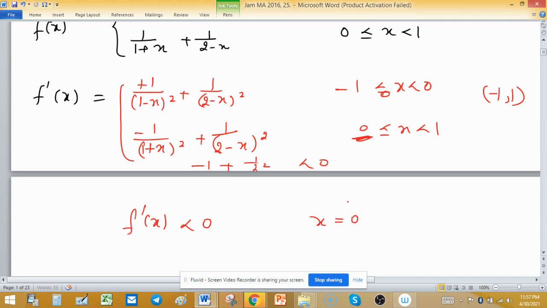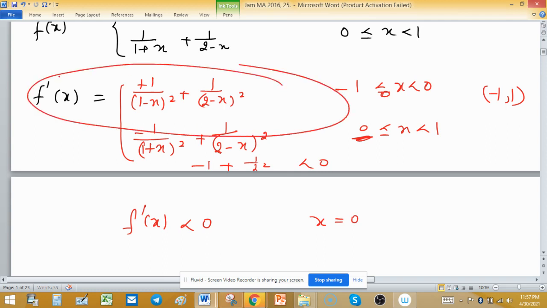But we surely have the conclusion for negative x: the function is increasing, because this is always a positive value.